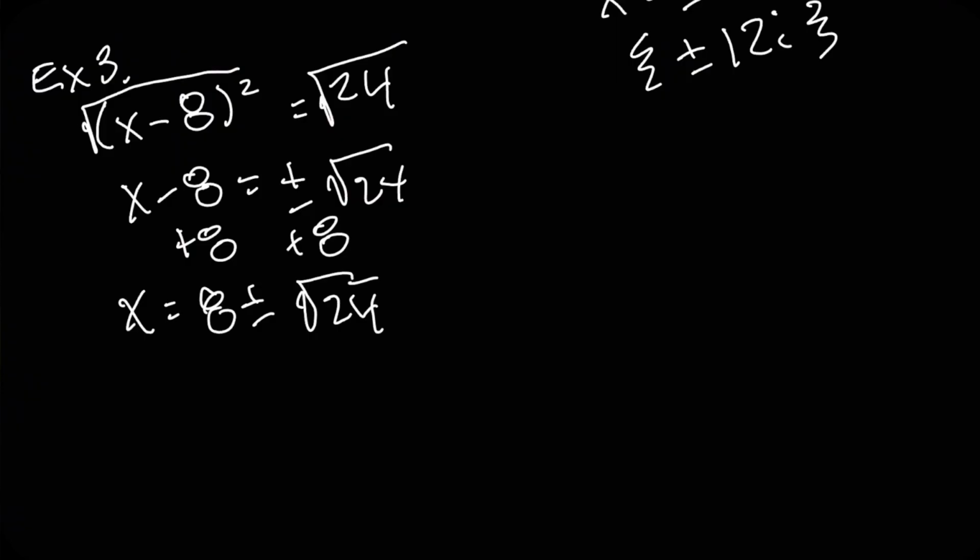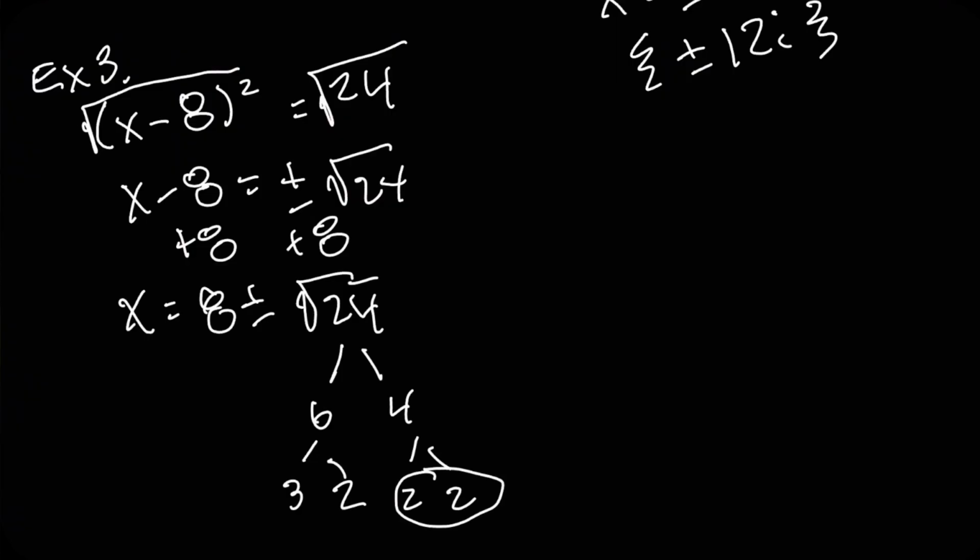But we're not done. We do want to go ahead and reduce that 24. So let's say 6 and a 4 will give us 24. 6 would be 3 and 2. And then 4 will be 2 and 2. And we can bring our pairs outside of our square root and then leave the other two numbers multiplied inside of the square root.